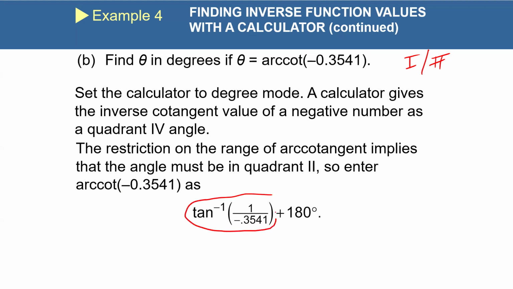Does that make sense? And tangent's going to be in 1 or 4. Exactly, because we have to use the reciprocal. I can't go into quadrant 2, so in order to get there, I'm going to have to add the 180. I have to counteract it, because that's the only way.